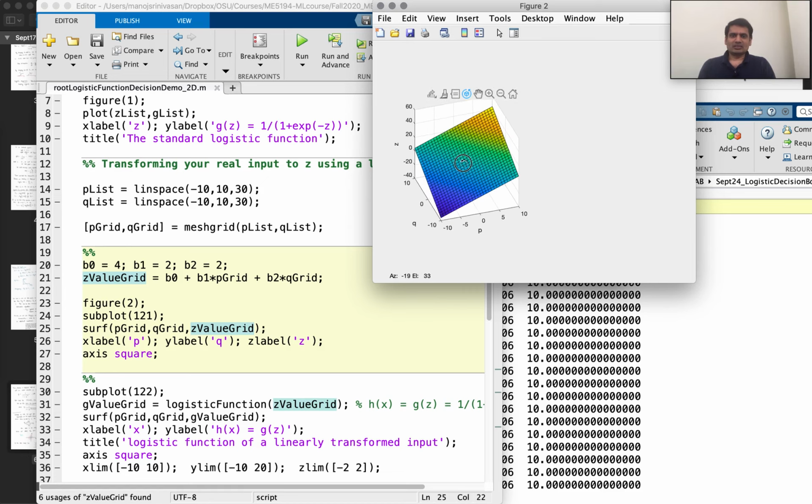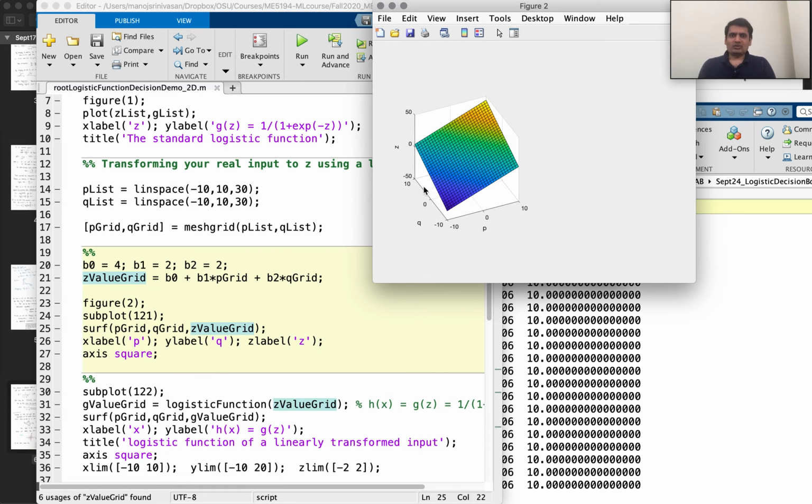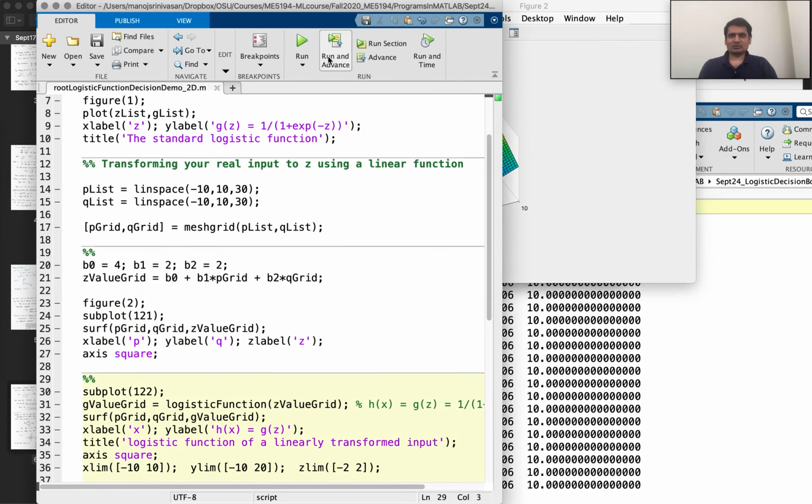Okay. Now what we are going to do is take the z and compute g of z, namely apply the logistic function to this z. So the logistic function is still that thing. When you apply this to z, when z becomes greater than 0, g of z will become close to 1. When z is substantially less than 0, g of z will go to 0. So let's look at that.